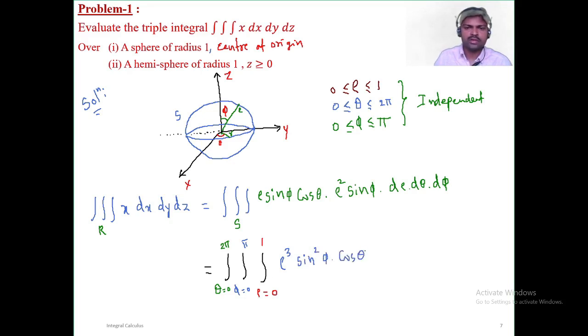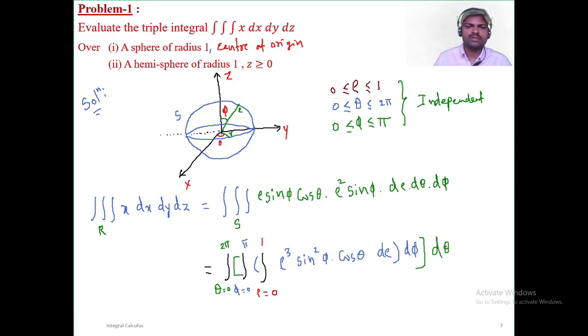First with respect to rho I want to evaluate, so d rho. After that with respect to phi, so d phi, and after that with respect to theta, so d theta.